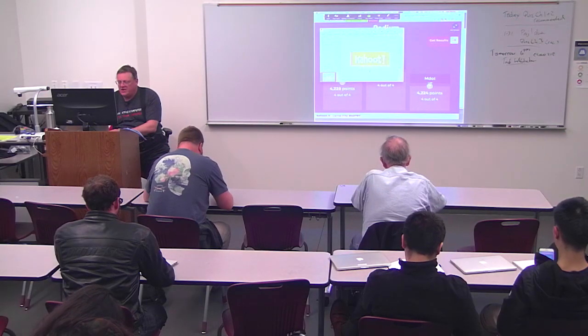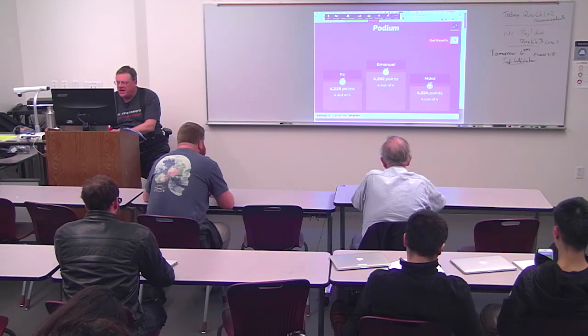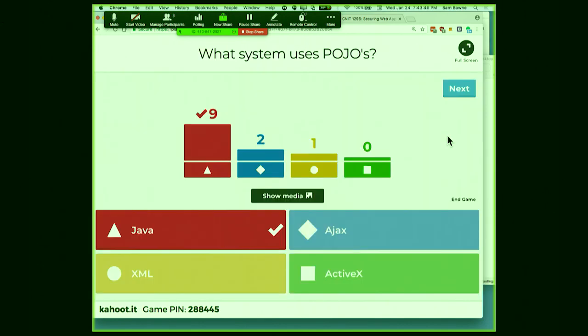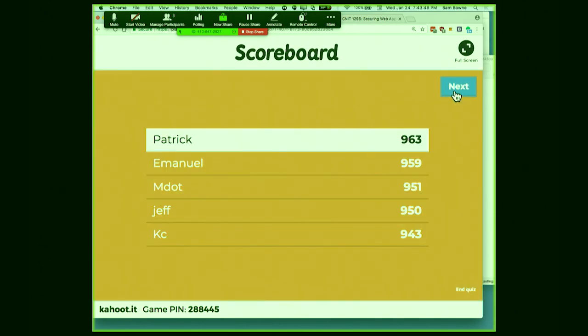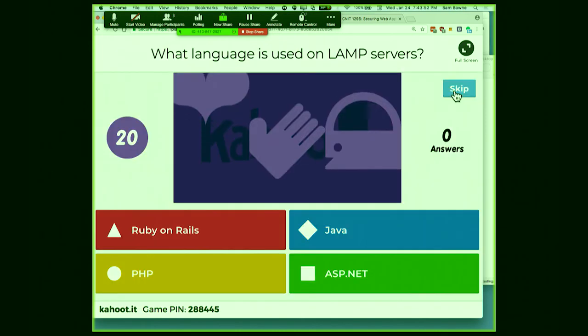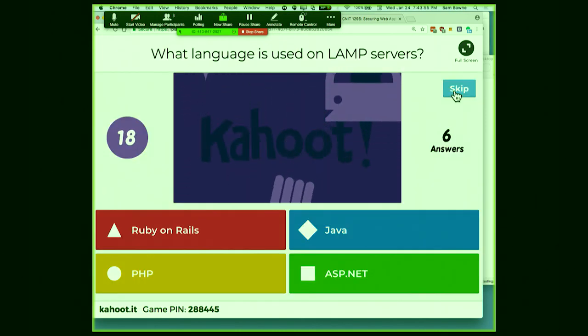Anyway, this is the last Kahoot, and that's as far as we're going to go today. What system uses POJOs? That's plain old Java objects. Okay. What language is used on LAMP servers? Trick question. Could be either. Well, it should only be one answer, I think. But this is like who's buried in Grant's tomb.